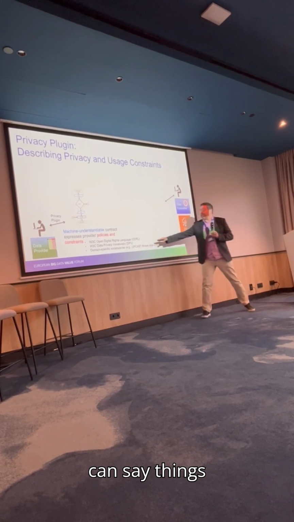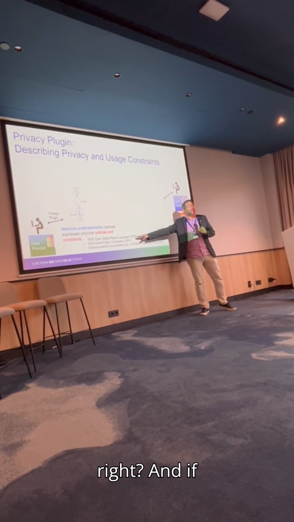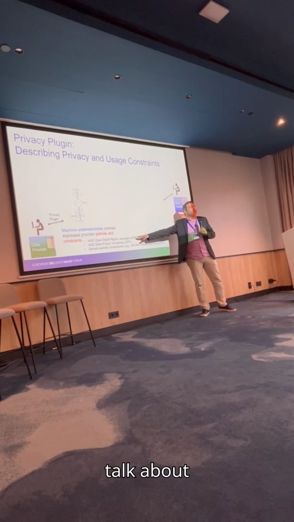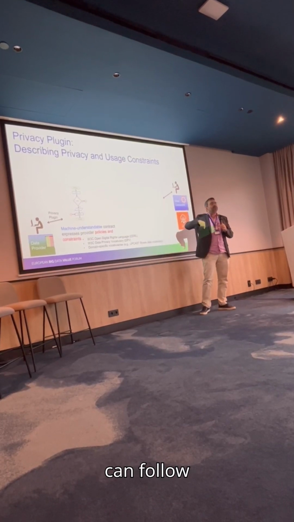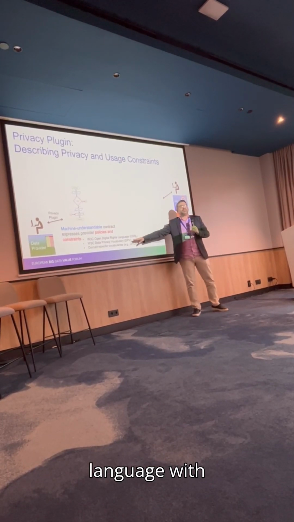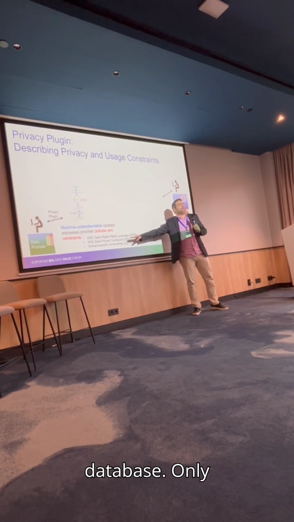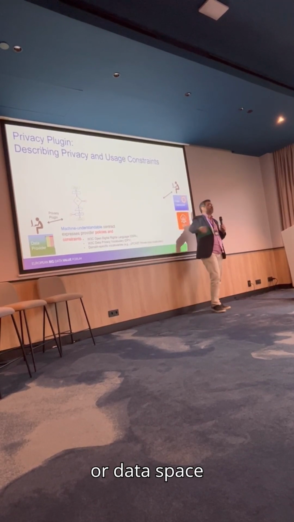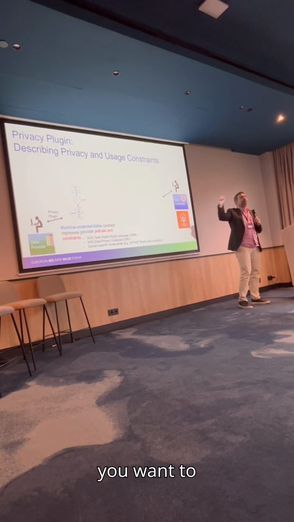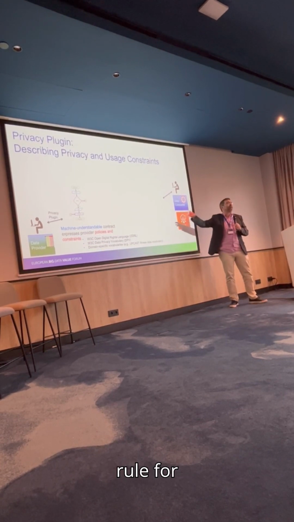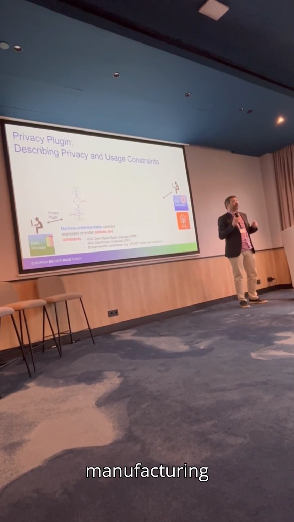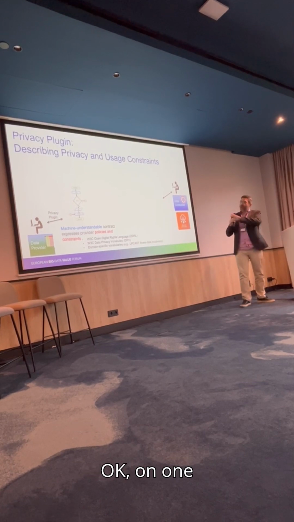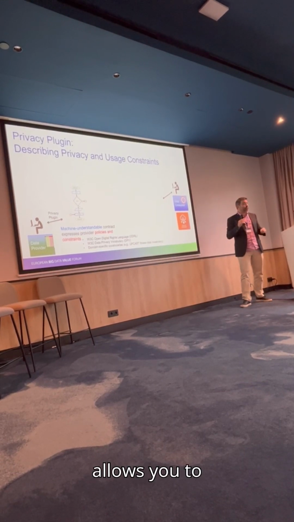And you can say things like permissions, prohibitions, obligations, right? And if you want to talk about a specific domain, you can parameterize your language with certain vocabularies, like the data privacy vocabulary or a data space vocabulary. If you want to build a prohibition rule for manufacturing, you import the manufacturing vocabulary. So, okay, on one side, the privacy plugin allows you to do that, right?